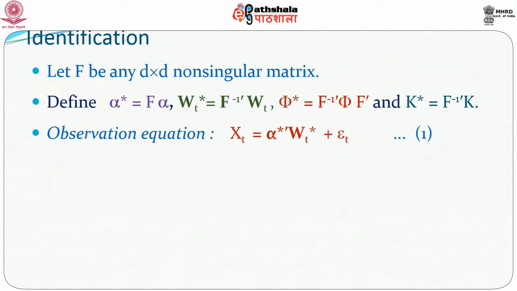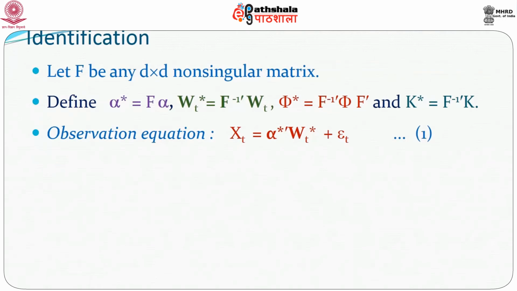Mind you, Wt is not observed, and so Wt star is also not observed. So anything on the right hand side here in the first equation is not observed. So we can as well write it in terms of alpha and W as we can in terms of alpha star and W star.